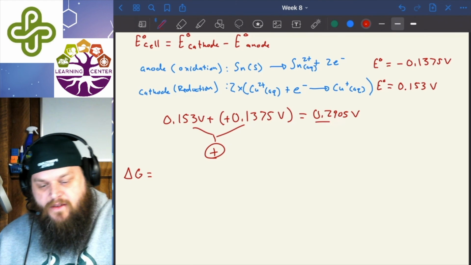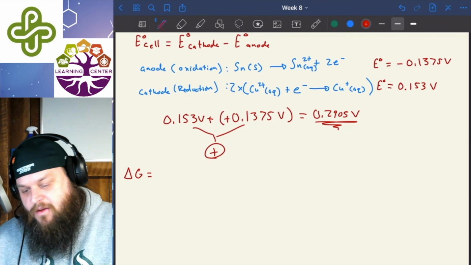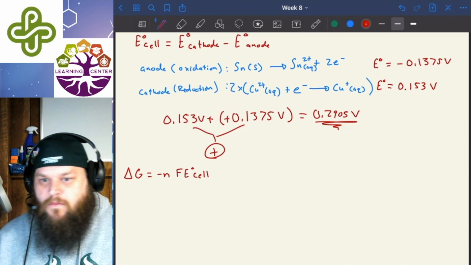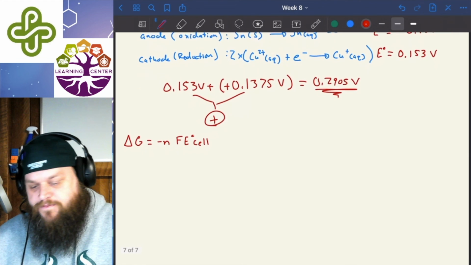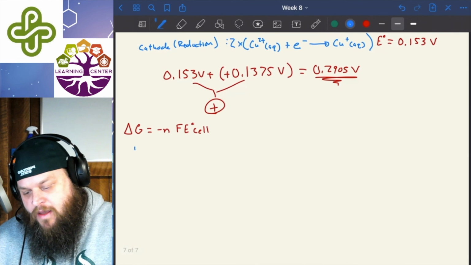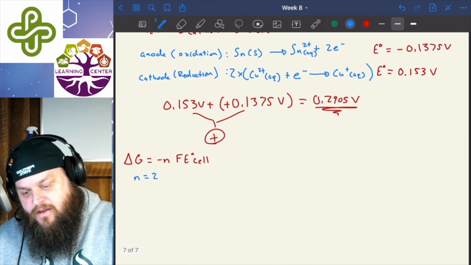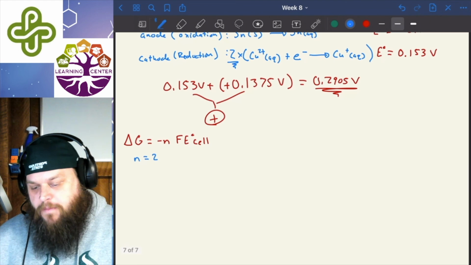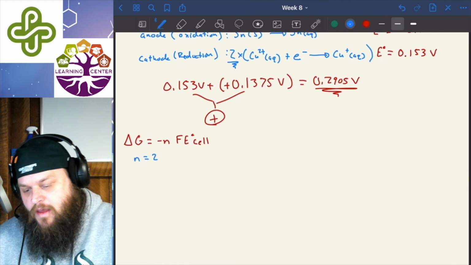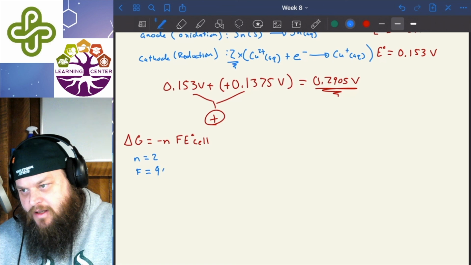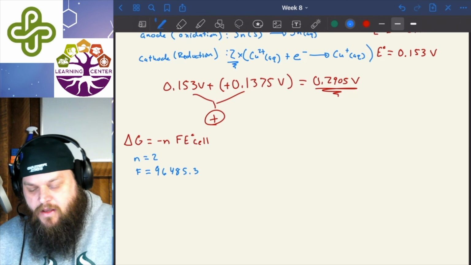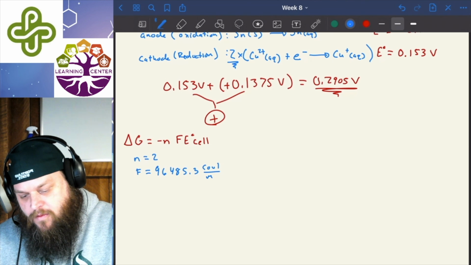Using this same voltage that we just calculated, we can say that delta G equals negative n times F times the cell potential. So plugging that in, remember n is equal to 2 in this case because of that 2 there. We need to be making 2 moles of this. And then F was equal to 96,485.3, and the units were coulombs per mole.